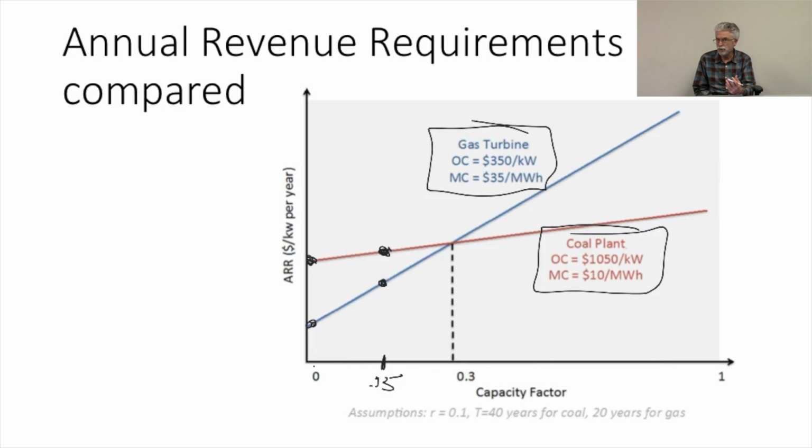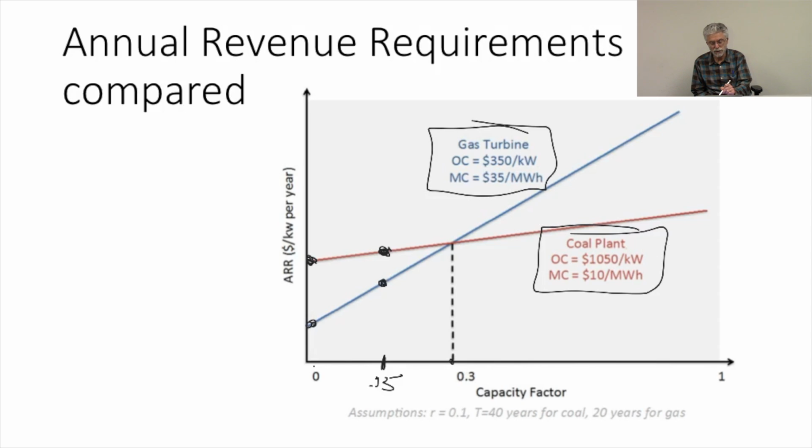Now, for a given unit of capacity factor, the fuel costs for the coal plant are going to be lower than the fuel cost for the gas turbine. As the capacity factor goes up, the coal plant is going to become the better deal because it has much lower fuel costs per megawatt hour. The marginal costs are much lower for the coal plant.